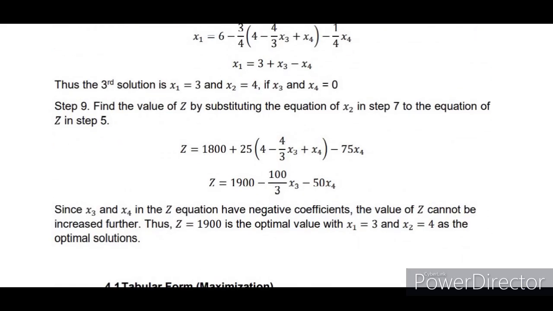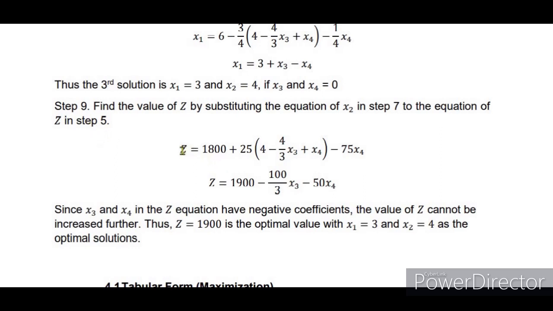Next, step number 9. Find the value of z by substituting the equation of x sub 2 in step 7 to the equation of z in step 5. So we will write the value of the objective function, the equation of z we got from step number 5.